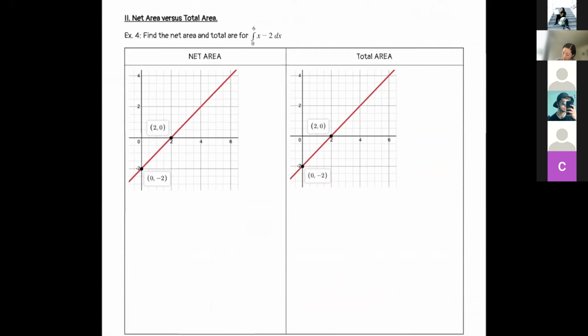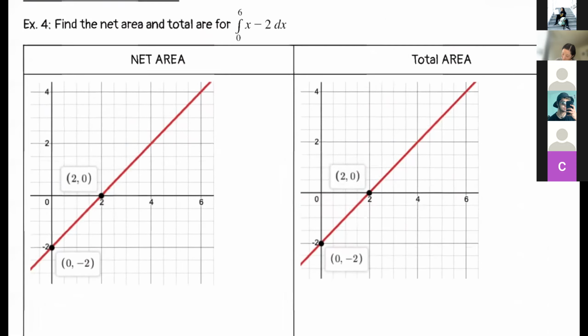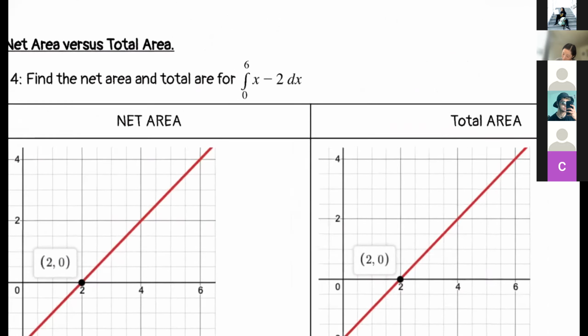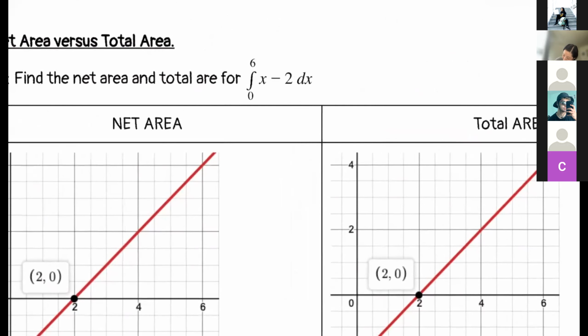So let's take a look at this question, all right? This says, find the net area and total area for this integral, okay? Now we know that this is a definite integral because we have our number at the bottom. We have our number at the top.